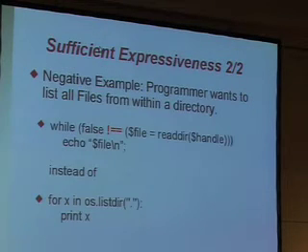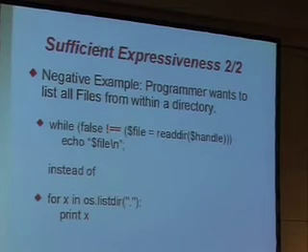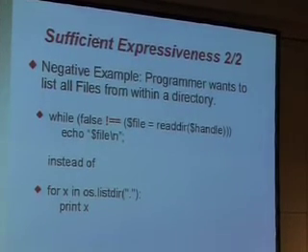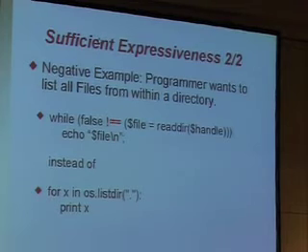Then regarding sufficient expressiveness, another negative example. If you want in PHP to read all the file names from a certain directory, you would do it like this. You would first store it within the while loop in $file, and then you have to compare using a type-aware operator.